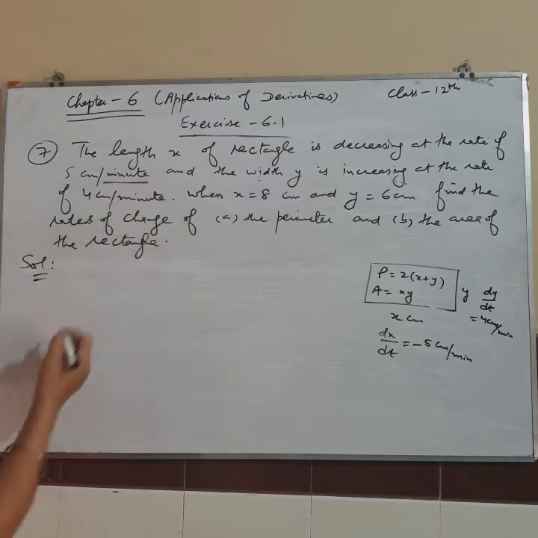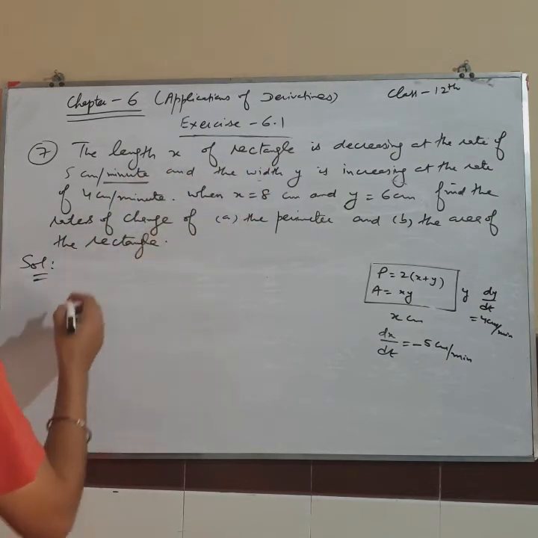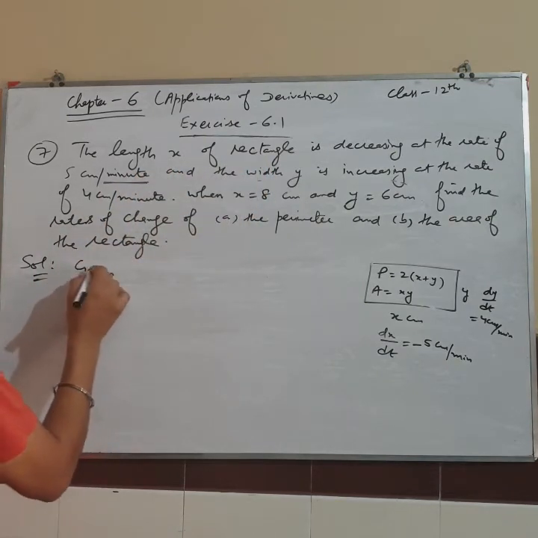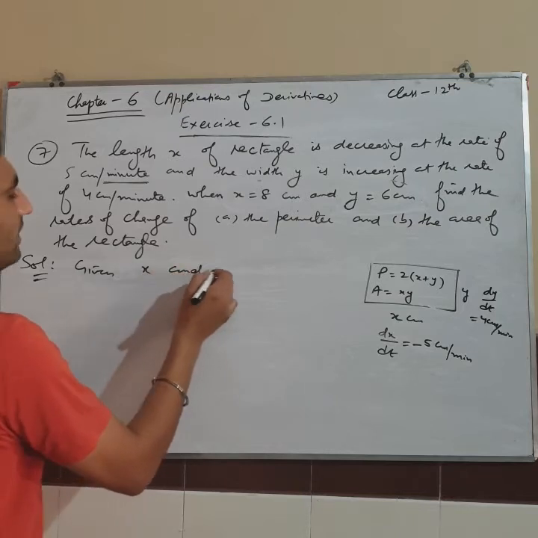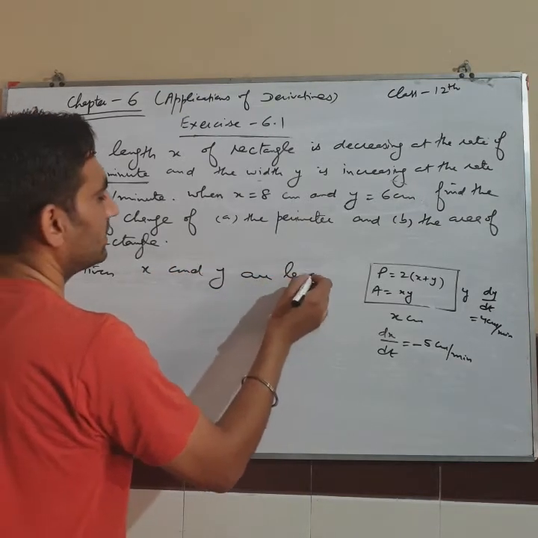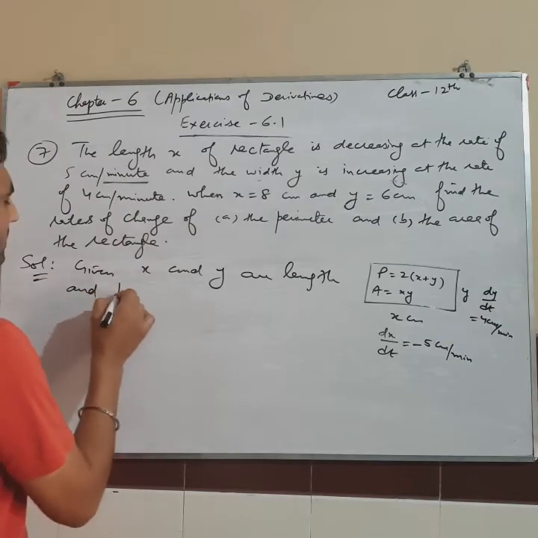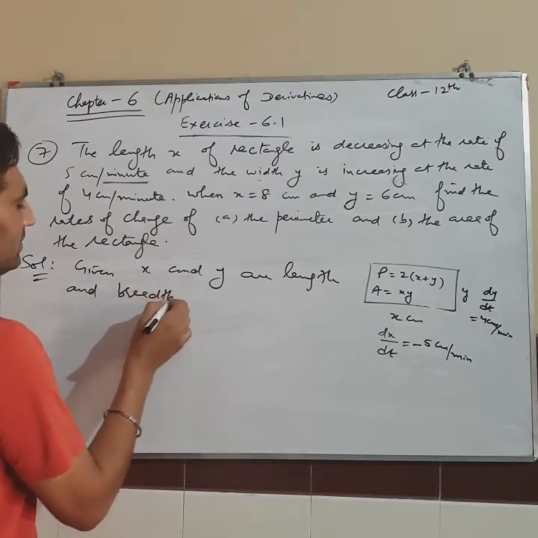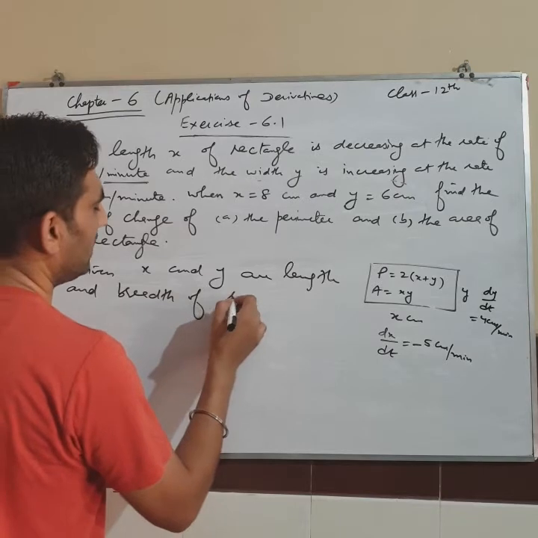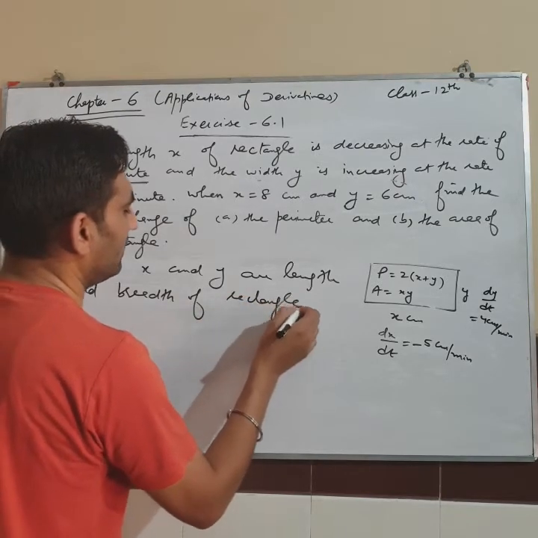What is given to us? Given x and y are the length and breadth of the rectangle respectively.